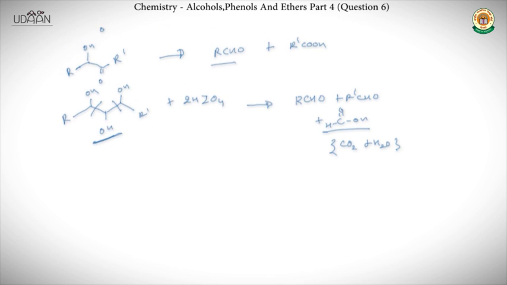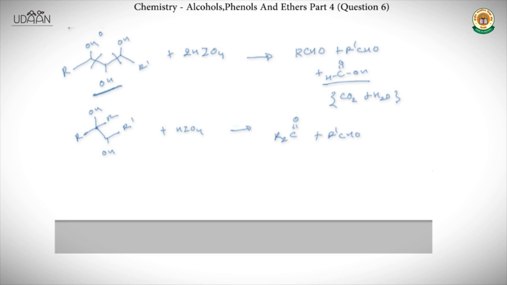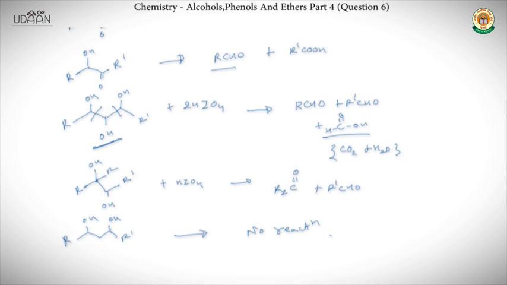And finally, if we have a compound like this, it will form keto plus aldehyde, and if we have a compound like this, we know that it will show no reaction because it cannot form a 5-member ring, as we know.